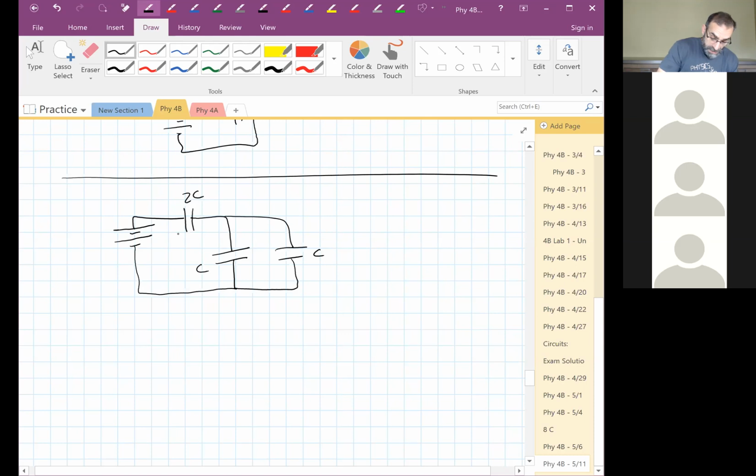So we're going to call this Q1, Q2, and Q3. We're going to try to find the charge on every capacitor and the voltage on every capacitor.